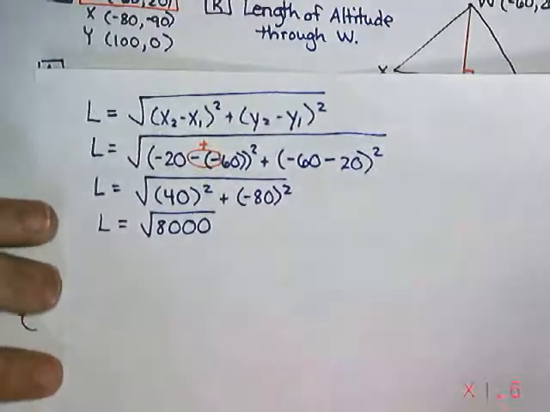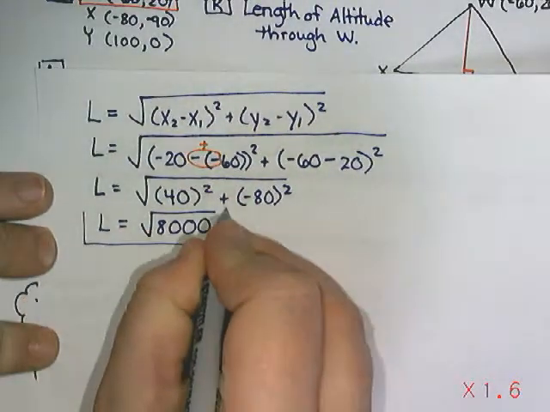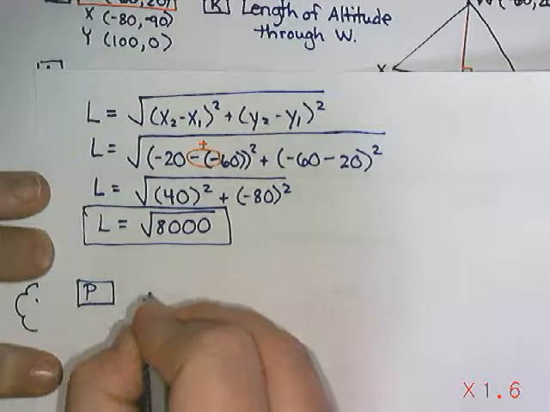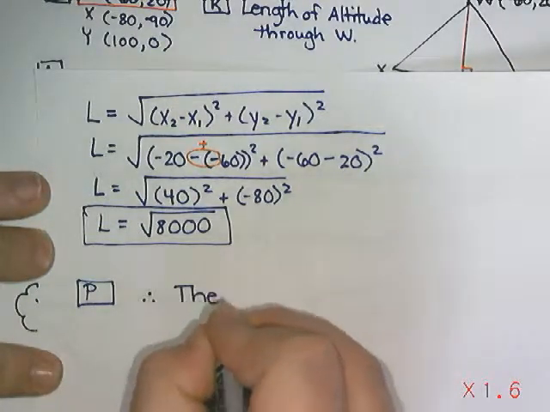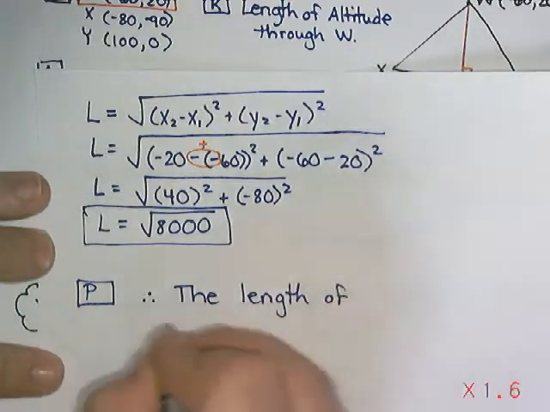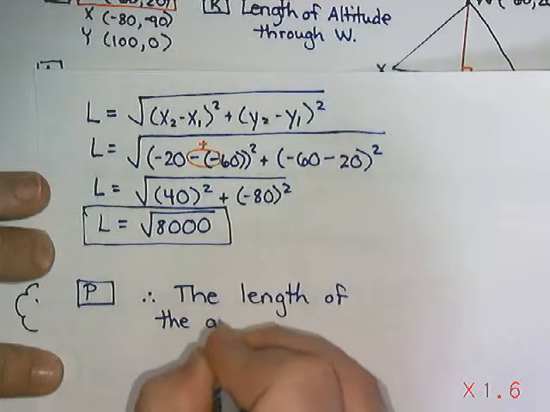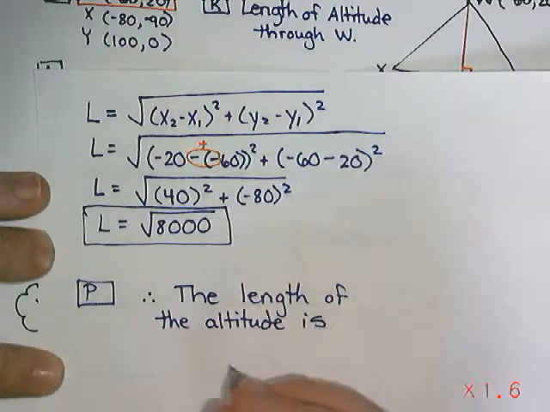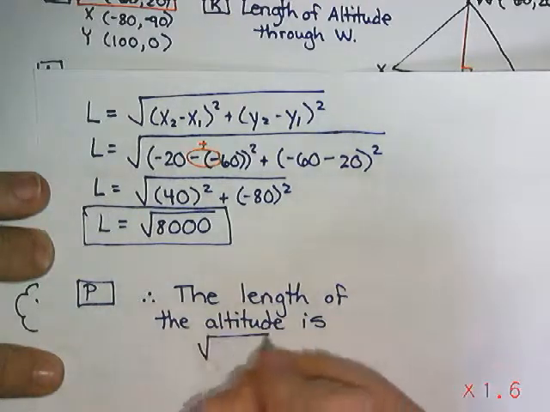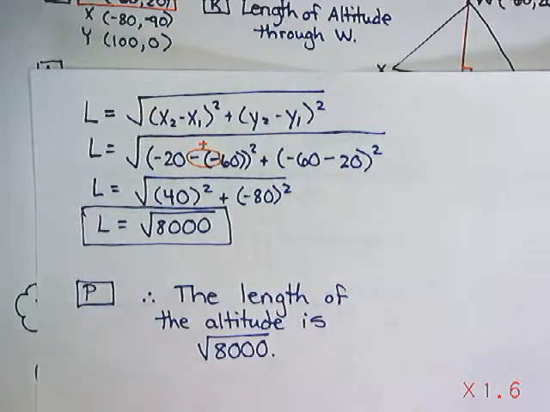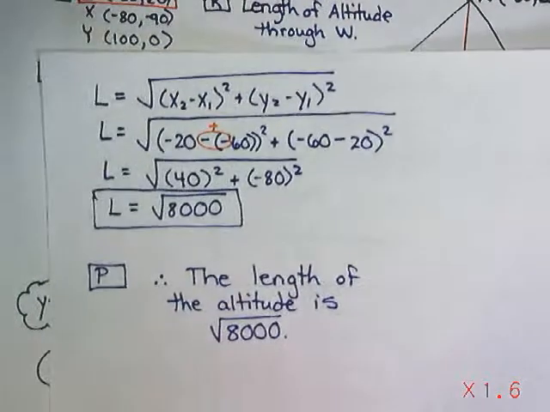So to finish off this question, I am just going to write that therefore the length of the altitude is the square root of 8,000. All right, and that was our big problem on altitudes.